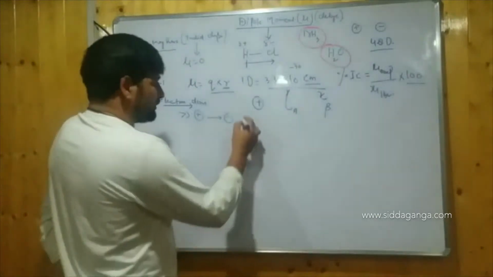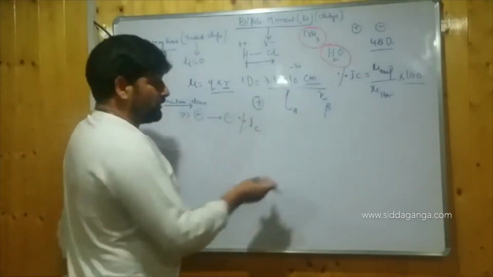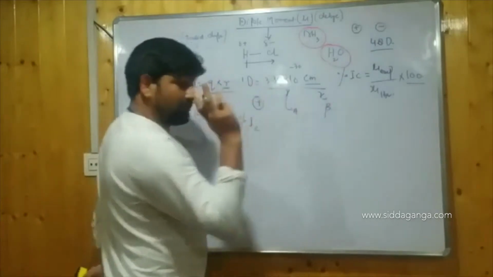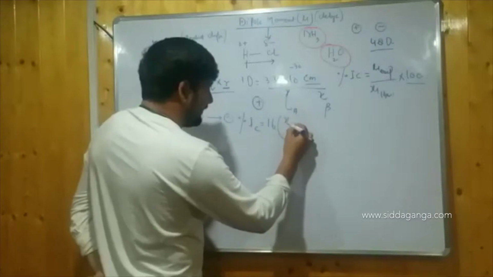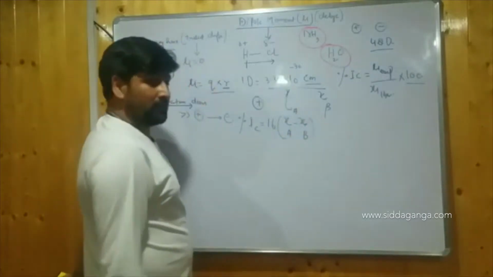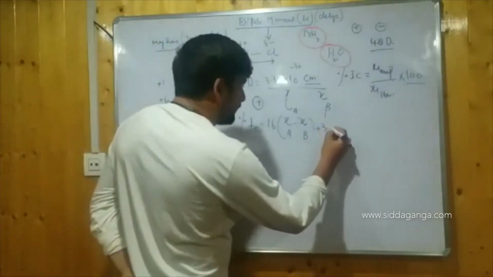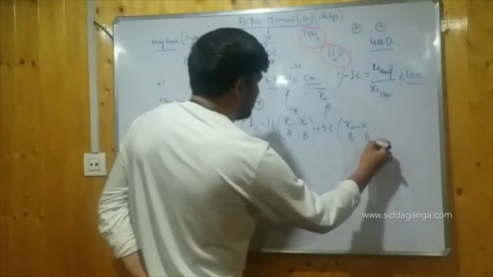Absolutely, yes. So the percentage ionic character will be equal to 16 into (electronegativity of A minus electronegativity of B) plus 3.5 into (electronegativity of A minus electronegativity of B) whole square.